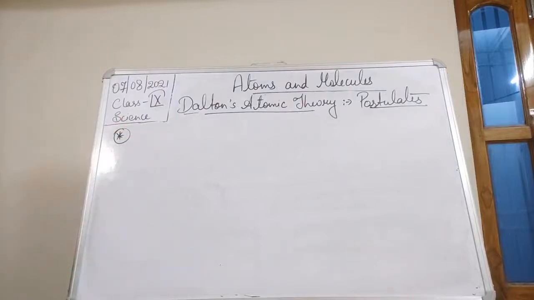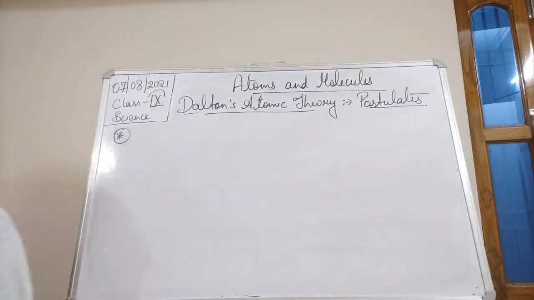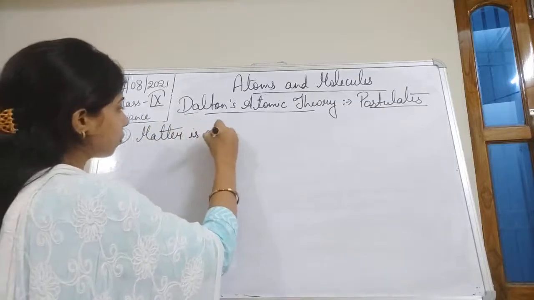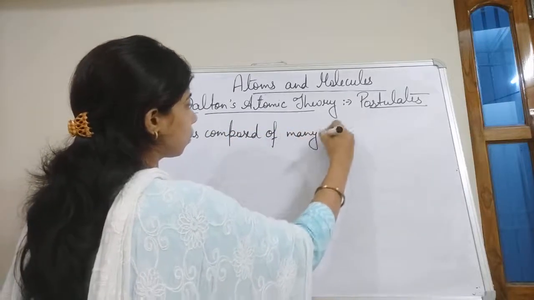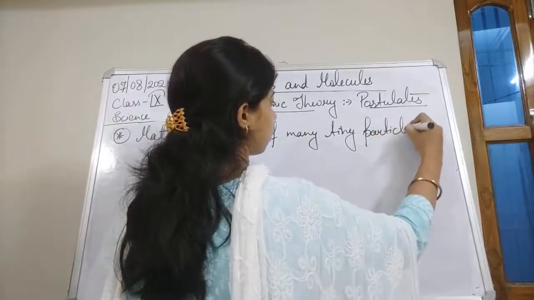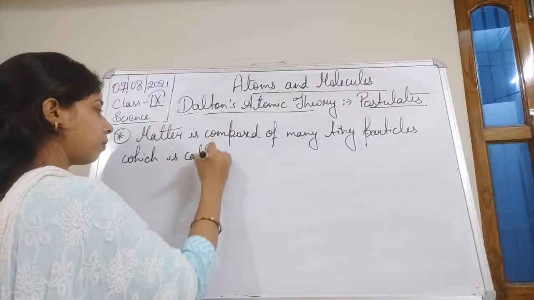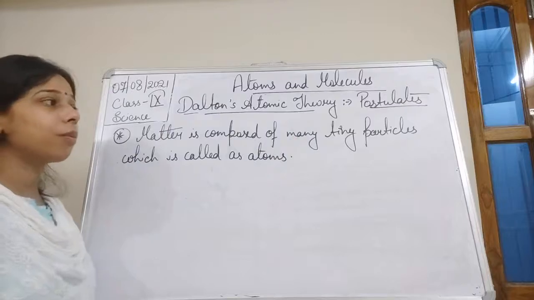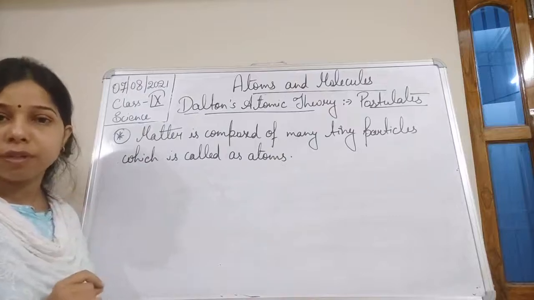So the first postulate is that matter is composed of very tiny particles which are called atoms. This is the smallest unit we can say.